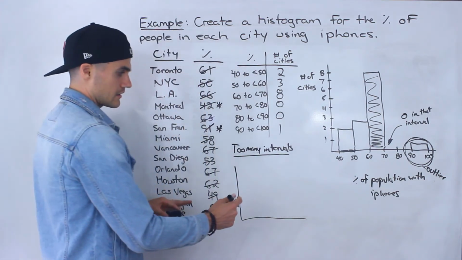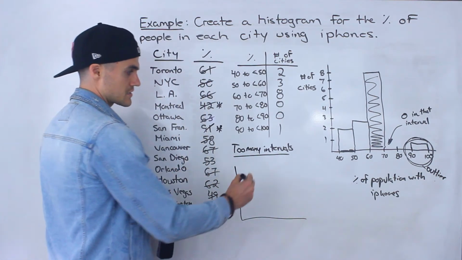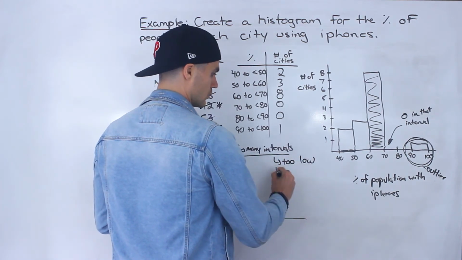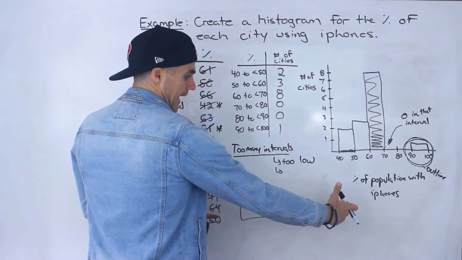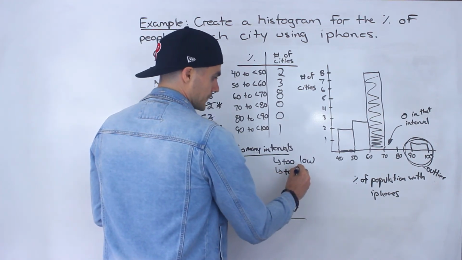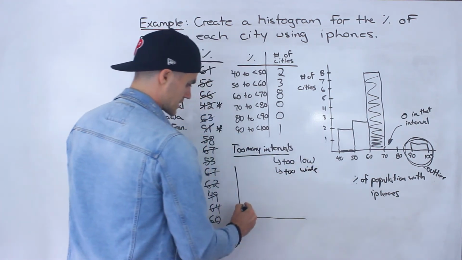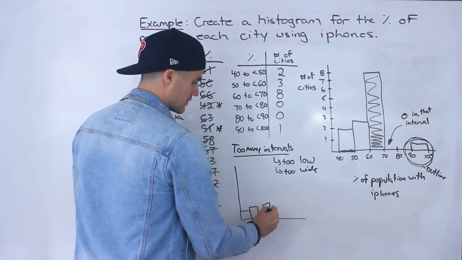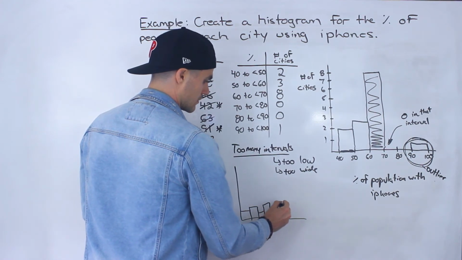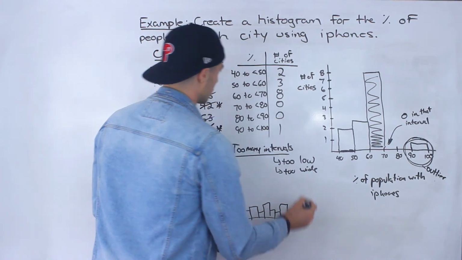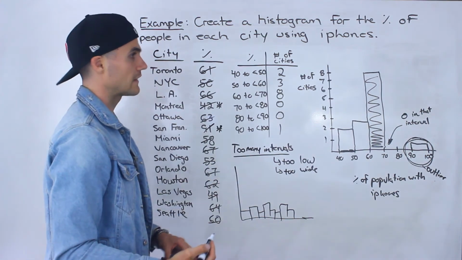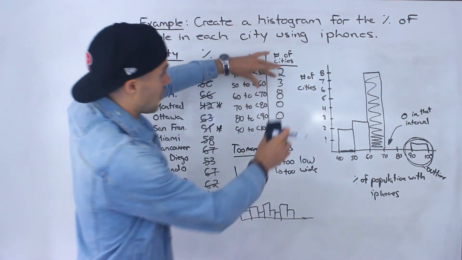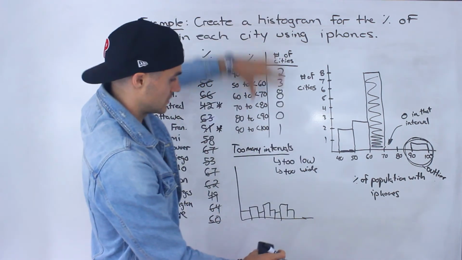Now, on the other hand, if there are too many intervals, what's going to happen is the opposite effect on the histogram. So the bars are going to be too low, and it's going to be too wide. So you're going to see something like this. Right? So instead of going up by 10s, maybe you'd be going up by like 2s or 3s. Then all this data is going to get too spread out.